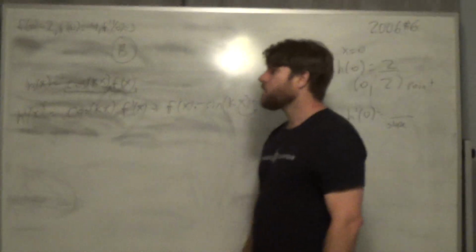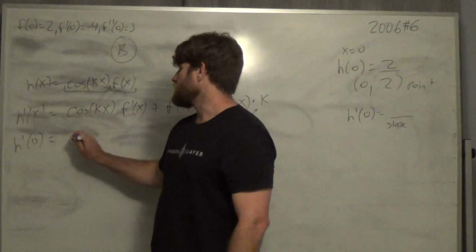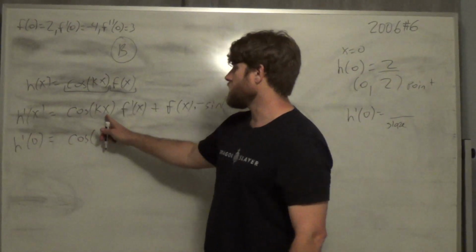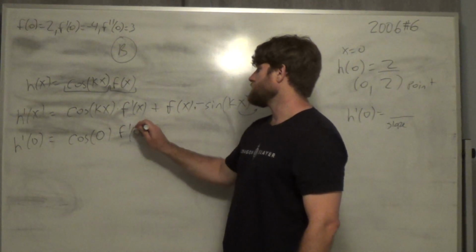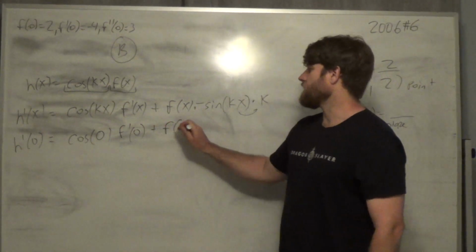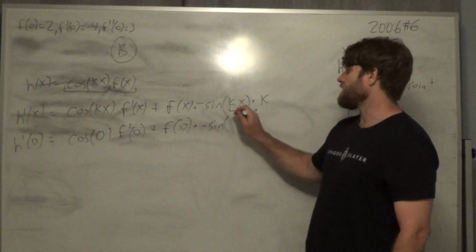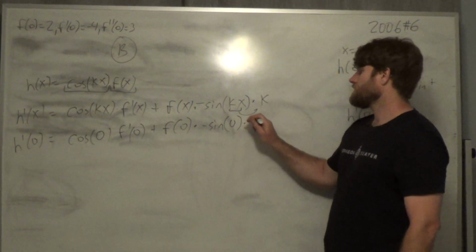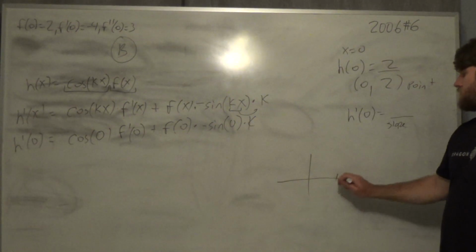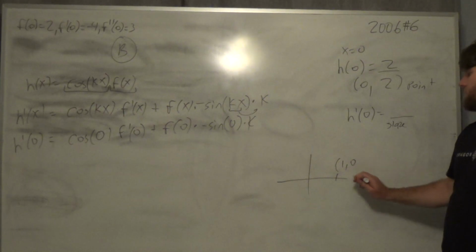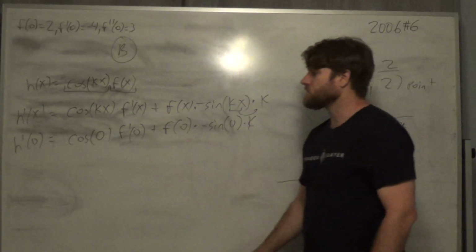Now we want to know what h prime 0 is. It's cosine of, if I put a 0 there, 0 times k is 0, f prime of 0, f of 0, negative sine of 0 times k. If we go back to the unit circle, the ordered pair 1, 0 at 0, that's the cosine, that's the sine. So cosine of 0 is 1.